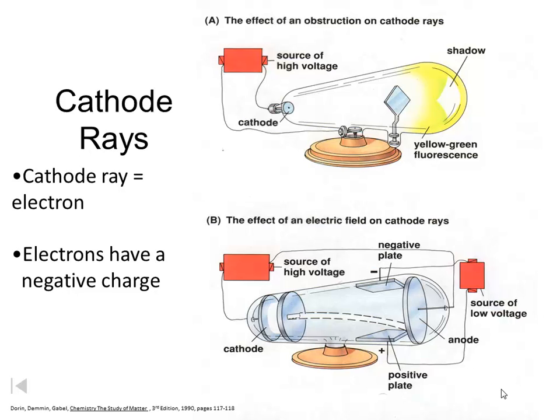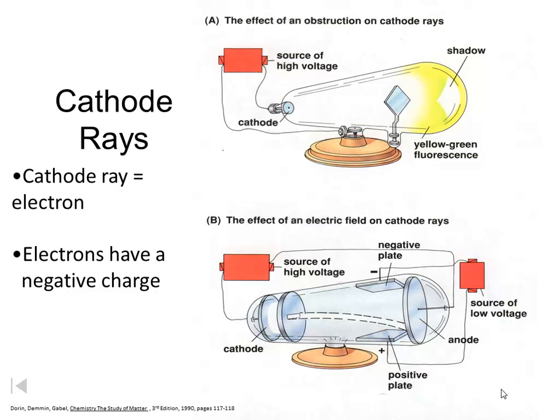CRT, yeah, cathode ray tubes. What they did is the cathode ray tubes projected a color onto the screen, and that's why you had to have this long back to your TV. Now the new LED and plasma TVs are totally different in how they make their screen.